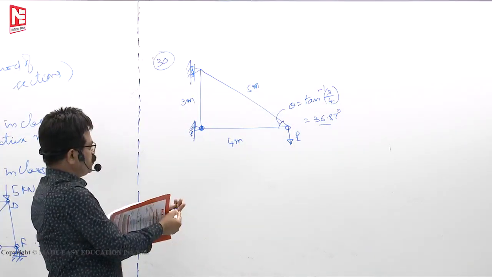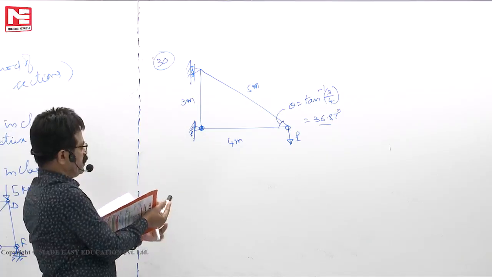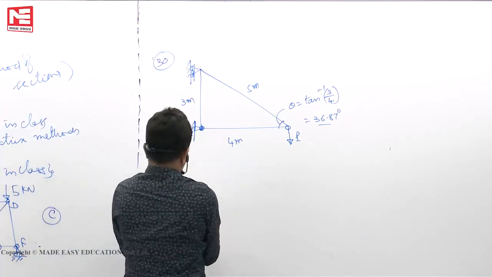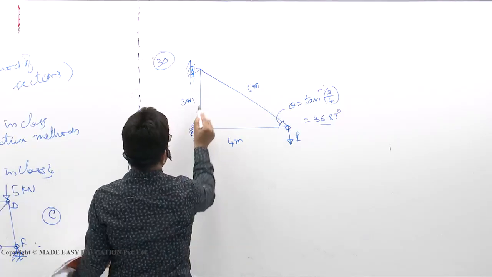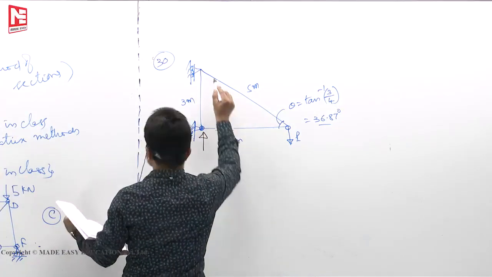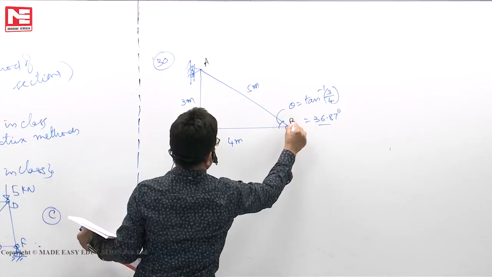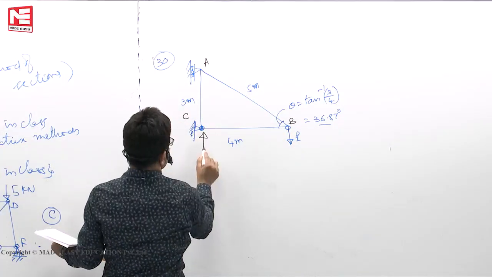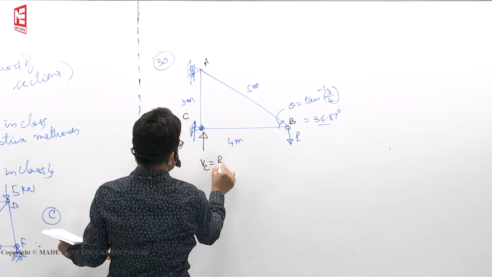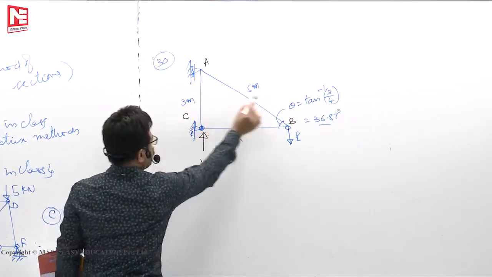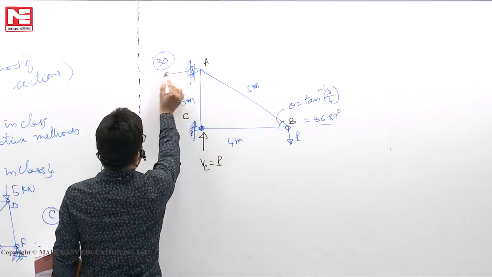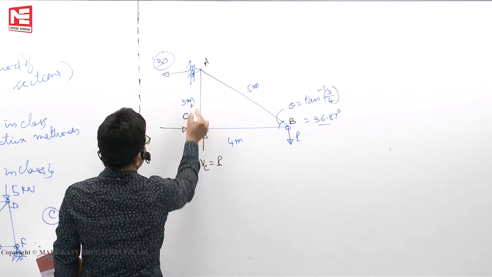So now let us see how to manage. Here there is a downward force. To balance it, upward force here only should develop. This point let us say A, B, C. Then vertical reaction at C must be P. Here no reaction. P into 4, this is clockwise couple. To balance it, anti-clockwise couple should form. How much?